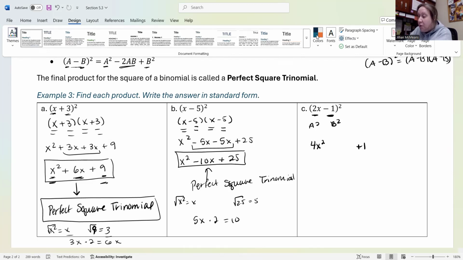Okay. We multiply a and b, and then we double it. So a times b is 2x times negative 1. So that's negative 2x. We double it, which is negative 4x. And this is our final answer. Okay. And we can say that this is definitely a perfect square trinomial.